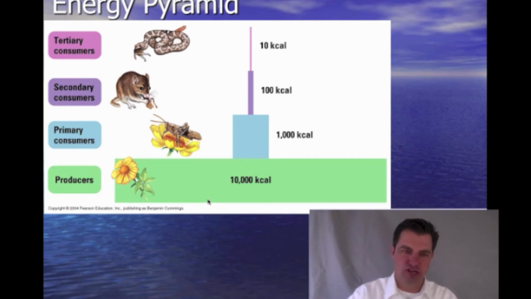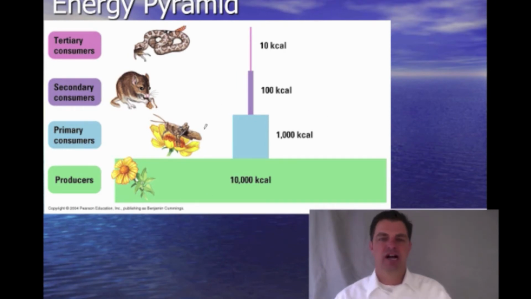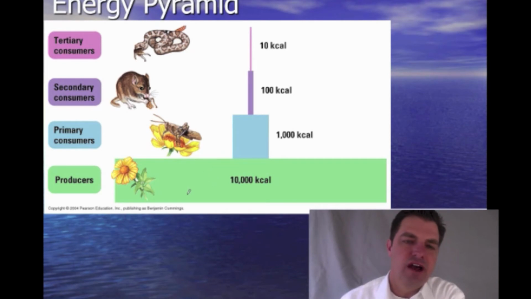One of the things you notice as you look at these food chains and food webs is you can develop this idea of what they call an energy pyramid, where you look at how much energy, or how many calories, are available in one level, say the producers. What you find is that it forms this very pyramid shape.